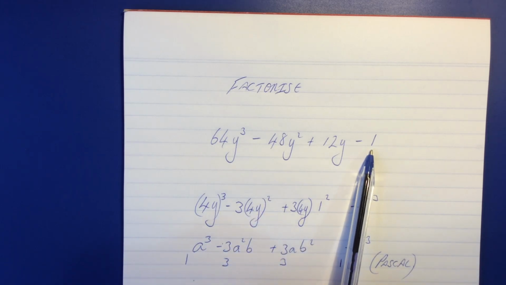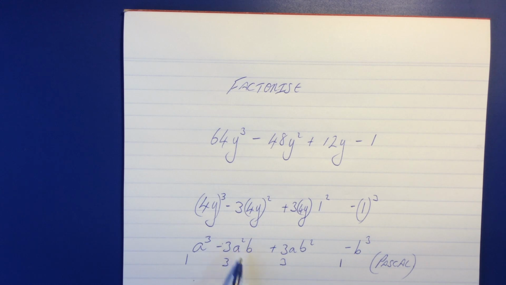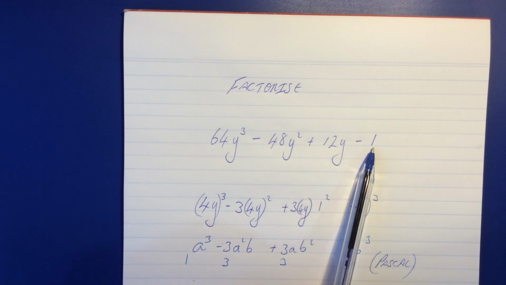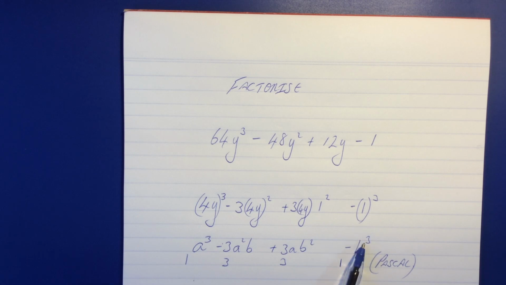Now b in this case would be 1, so that's why it's just really minus 3a squared, plus 3ab squared, 3 times a times b squared, there's b, and finally minus b cubed. Now the pattern of coefficients 1, 3, 3, 1 we get from Pascal's triangle.